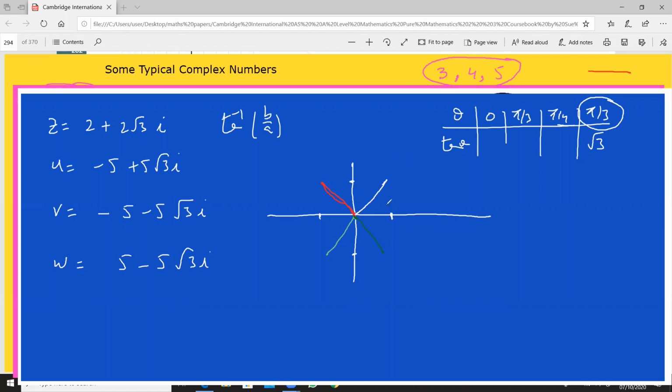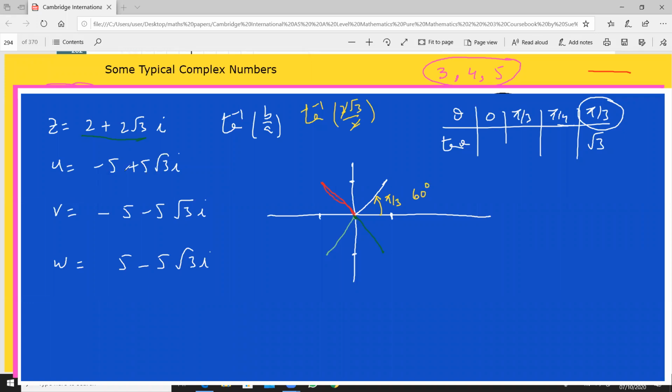Now, when you write this tan inverse of B over A, as I just told you, just take this example here. This is going to be tan inverse of 2 under root 3 over 2. The 2's cancel, so just under root 3 is left. So this is going to be pi by 3. You can write this as pi by 3, or you can also say this is 60 degrees.